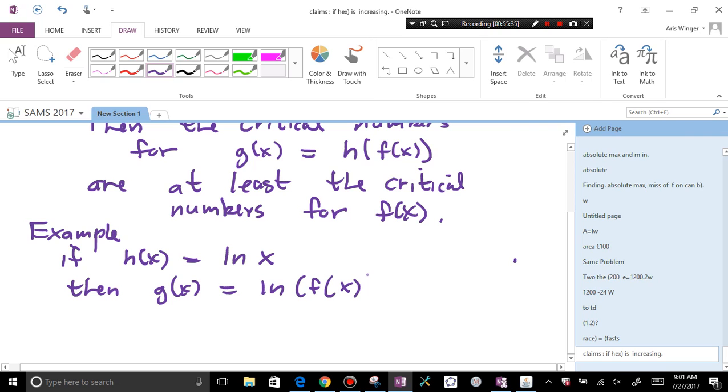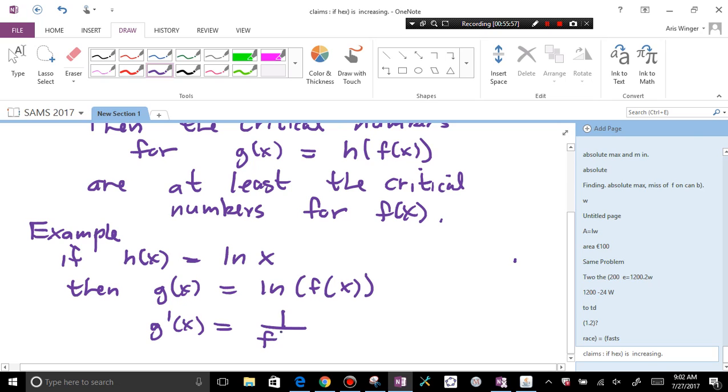I think this is going to be pretty easy. So I need the critical numbers of g. I'm trying to show that when I look at the derivative of g and set it equal to 0, then that's going to be at least all the places where the derivative of f is equal to 0. Right? So what's g prime?